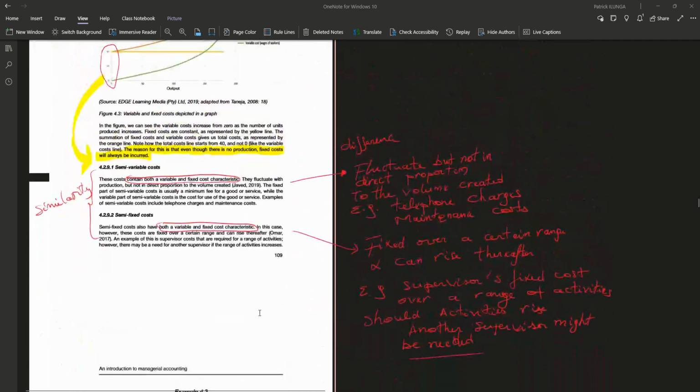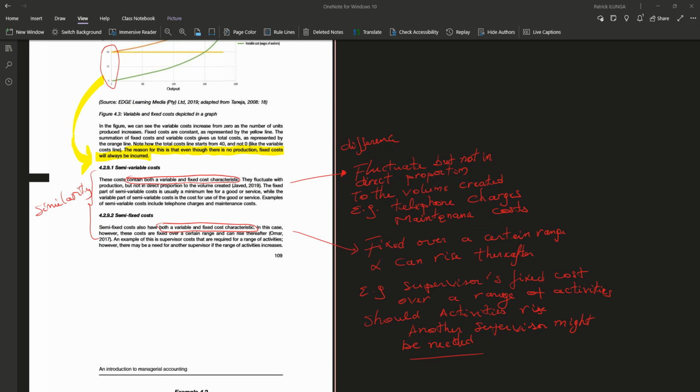which will be our final part for learning unit 4, you also have semi-variable cost and semi-fixed cost. It means costs that are somehow both, and how they fluctuate. Please have a read. There is similarity, but there are also some nuances between the two, right? What this means simply is that you would have certain costs that have a fixed component and a variable component.